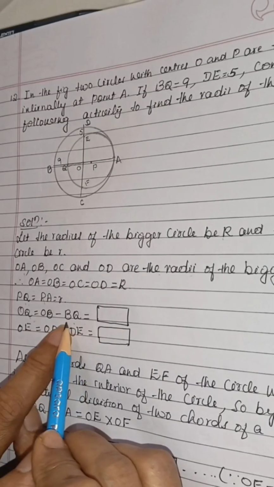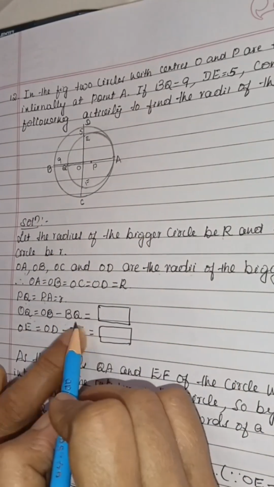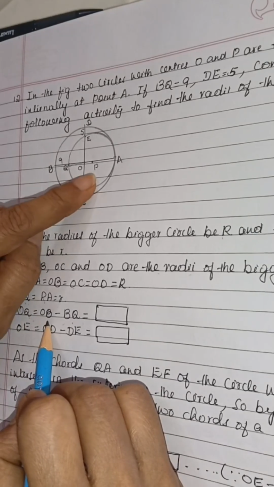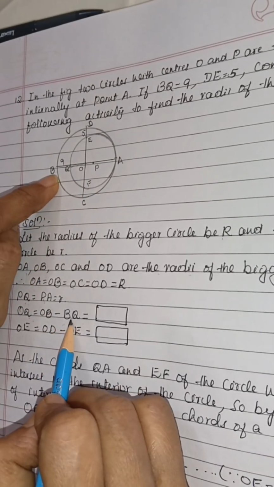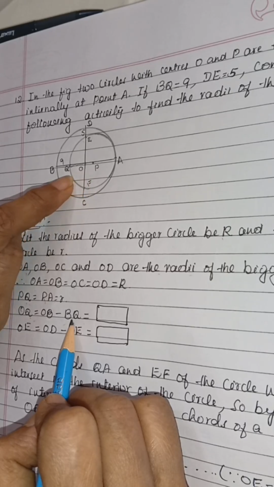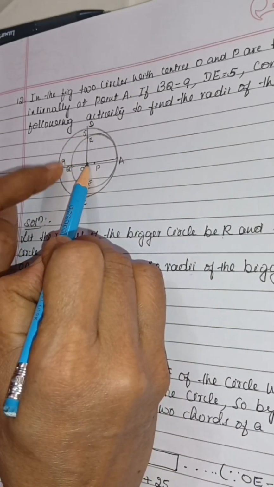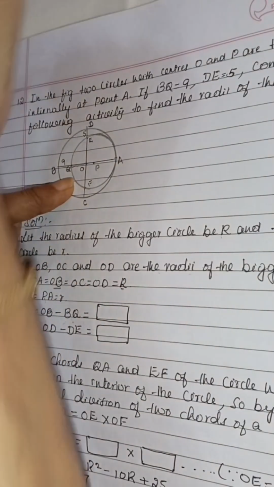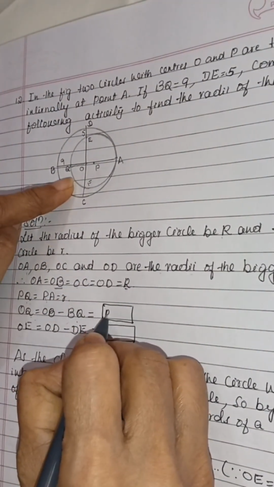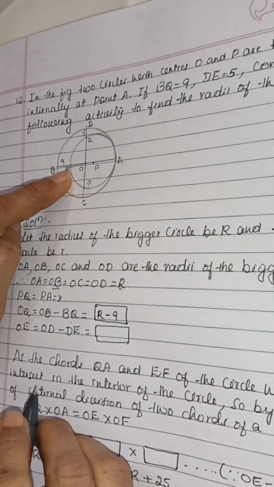OQ is OB minus BQ. OB is the radius of the bigger circle, so OB is R. So let's write R minus BQ, and BQ is 9.